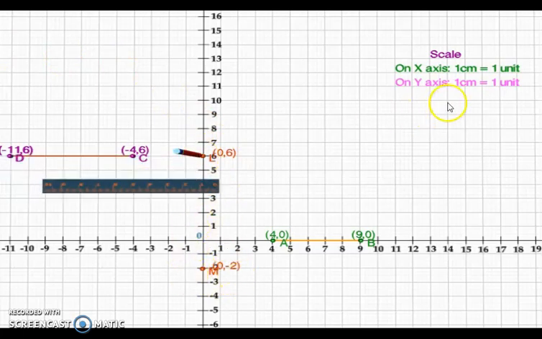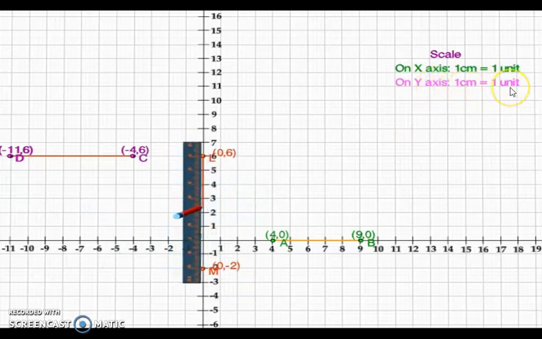On the y-axis also 1 centimeter is 1 unit, so let us just count: 1 unit, 2, 3, 4, 5, 6, 7 and 8. 8 units. And the x coordinate is 0 because these 2 points lie on the y-axis.